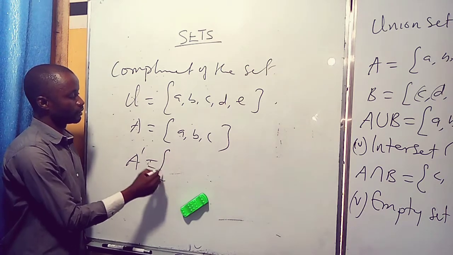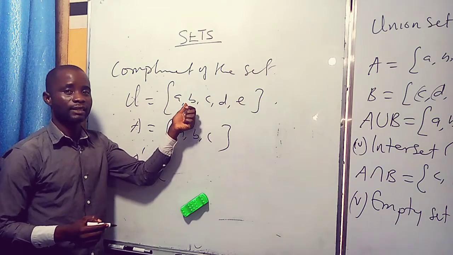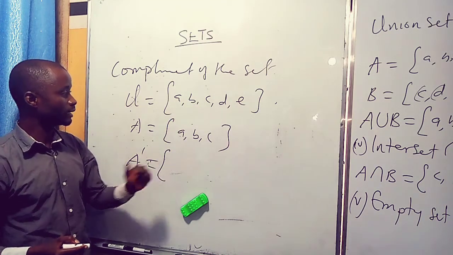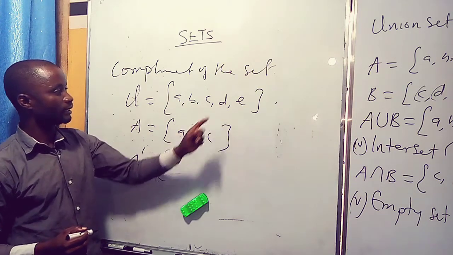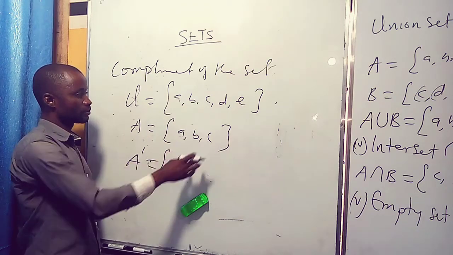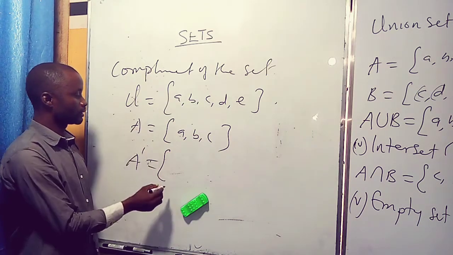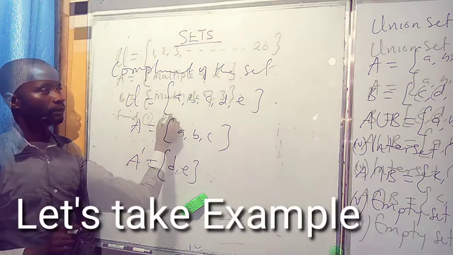A complement is given as all the elements that are present in the universal set but not in the subset. A is present, B is present, C is present, and you only have two elements that are present in the universal set that are not in the subset. Therefore, A complement is D and E. That's the complement of the set.